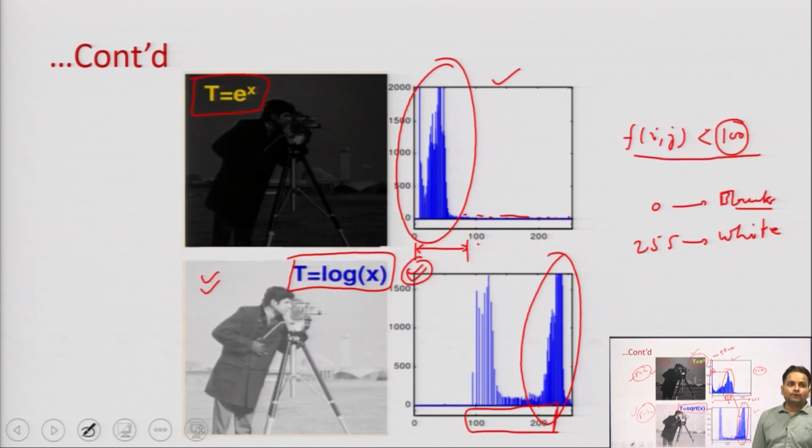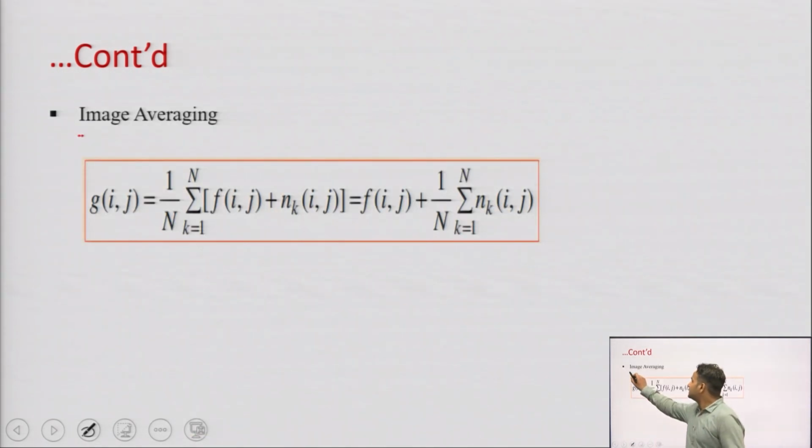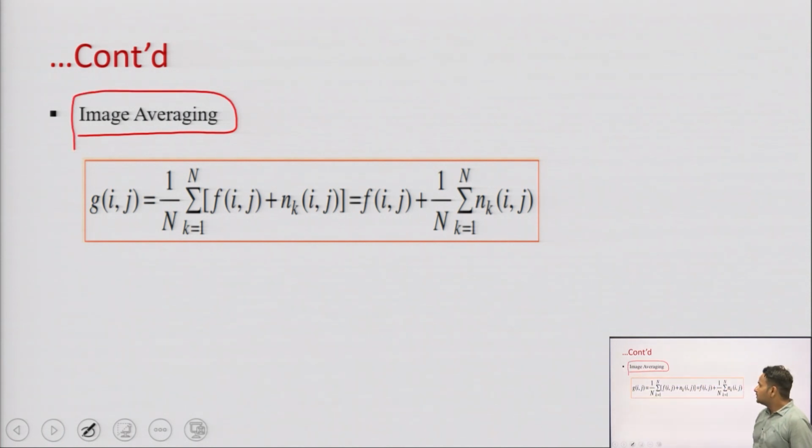Now, if we talk about the function of image averaging, that is also one kind of point processing term. In image averaging, we have to find the average of pixels, as well as the noise involved in that particular pixel.